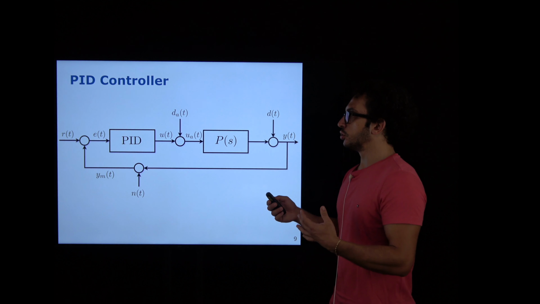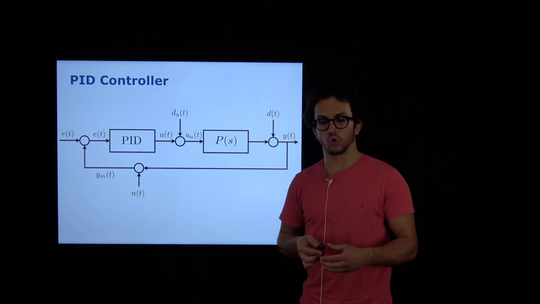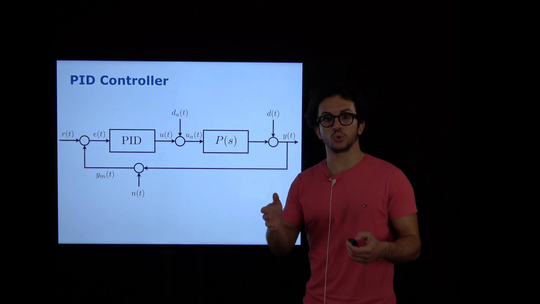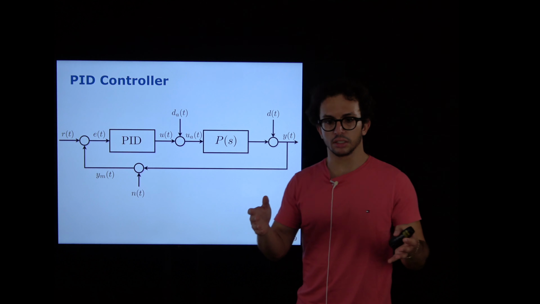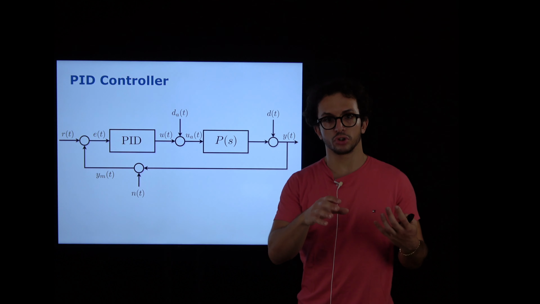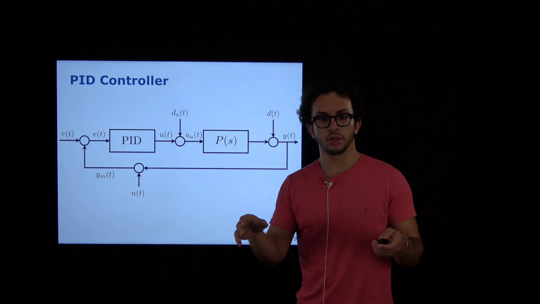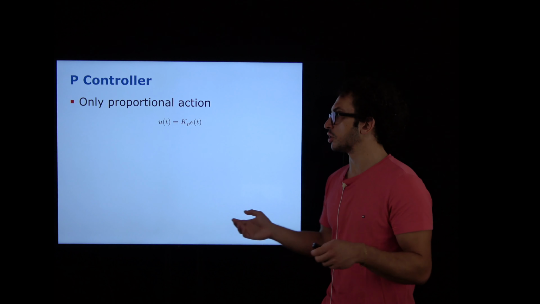So now we're going to have a look at how to use the PID controller and when to use each one of them. What do I mean? Well, we saw that the equation was the input is equal to a proportional term, an integral term, and a derivative term. Then it means that we can just switch off some of the terms.